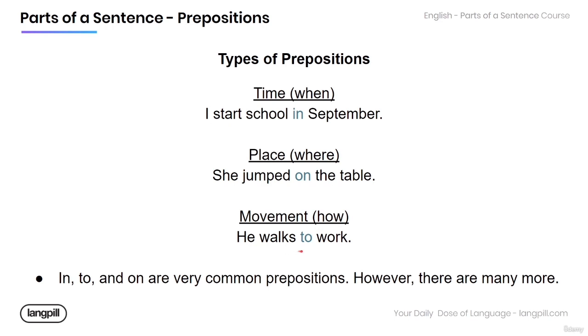He walks to work. So in, to, on, these are very common prepositions, but there are many more. To really understand prepositions, you have to study many more lessons about them. But again, this is just a parts of speech lesson to show you where in the sentence we use them.